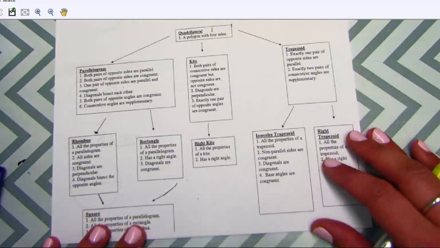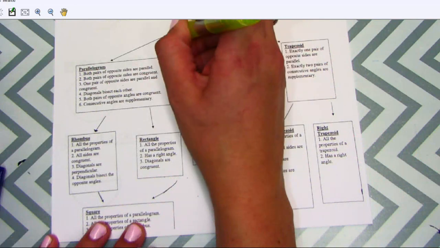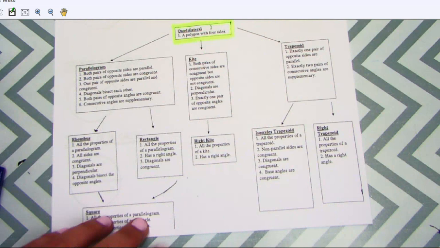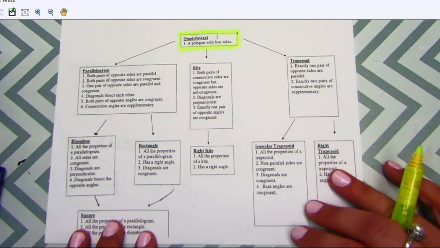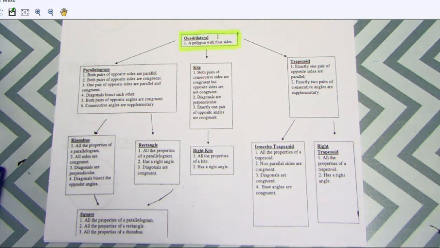Basically, I'm coloring the shape and then matching the property. A quadrilateral has four sides. That's basically its whole purpose. The total degrees of a quadrilateral is 360 because n minus 2 times 180: 4 minus 2 times 180 is 360.